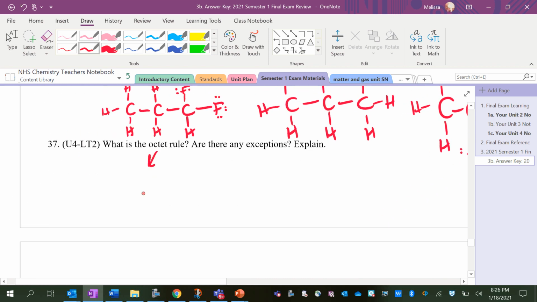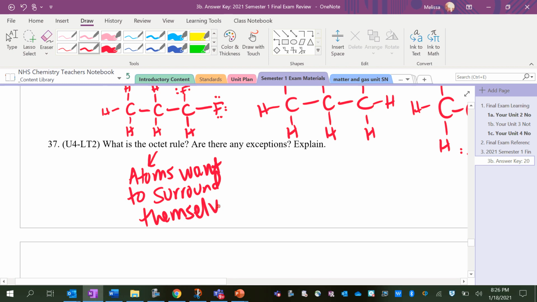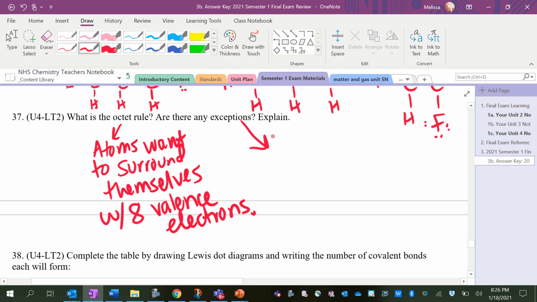What is the octet rule? Atoms want to surround themselves with 8 valence electrons. The great 8. Are there exceptions?